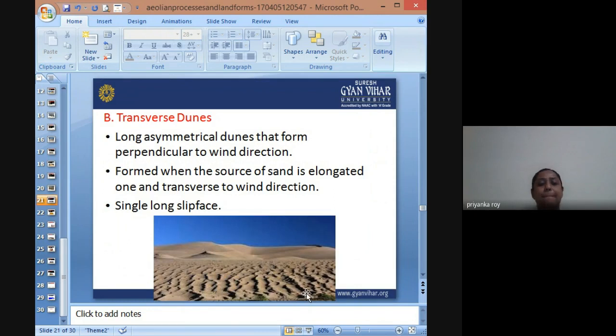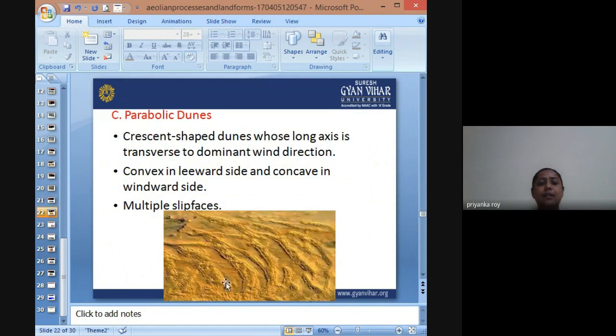Okay, when the wind is blowing transverse, then you have the parabolic dunes, that is, when the wind direction is predominantly in this direction. So when you have to locate a parabolic dune, you need an aerial photograph image to find the dominant wind direction. In this dune also you have multiple facets.